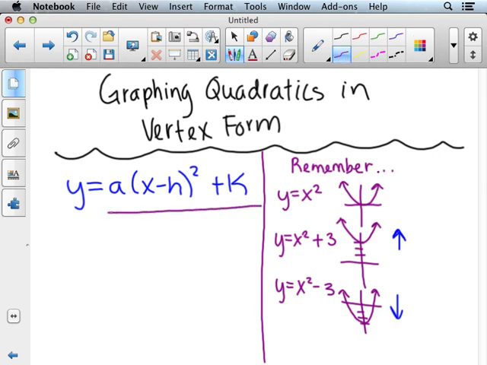Now let's think about inside the parentheses. If I'm inside the parentheses and I add, let's say I add 1, that does not move it to the right, it moves it to the left. Remember, it does the opposite of what you think. So it moves it to the left 1 space.